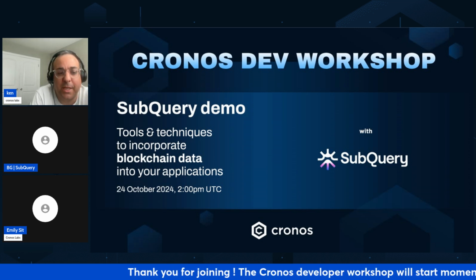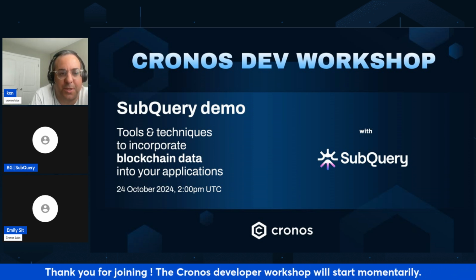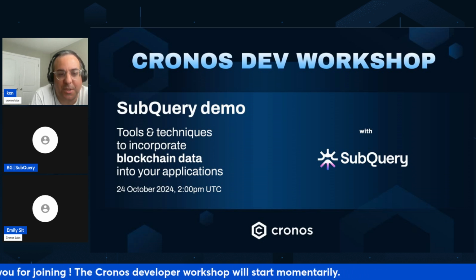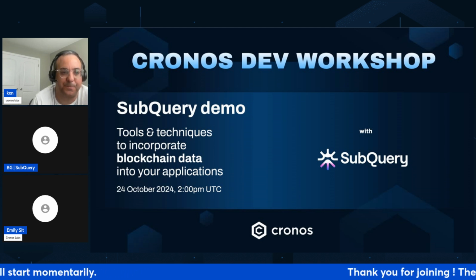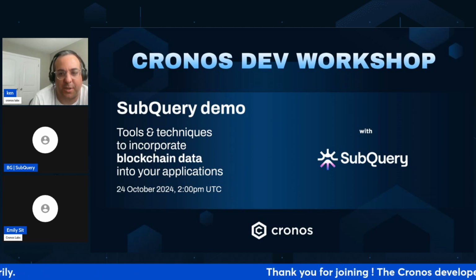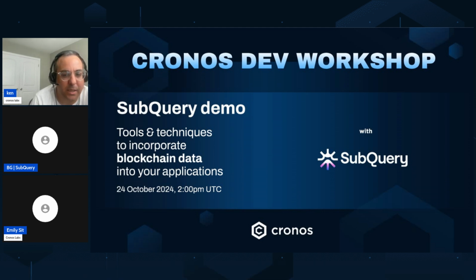Today we'll talk mostly about the first 2 chains, Cronos zkEVM and Cronos EVM, both EVM compatible and absolutely designed to support any kind of decentralized application. With that, I will hand over to BG, who will introduce himself and proceed with the presentation.